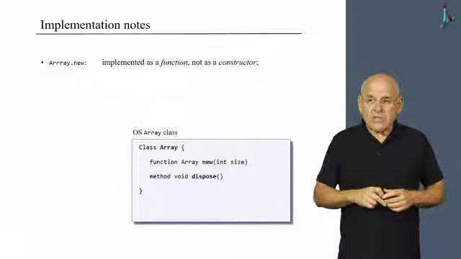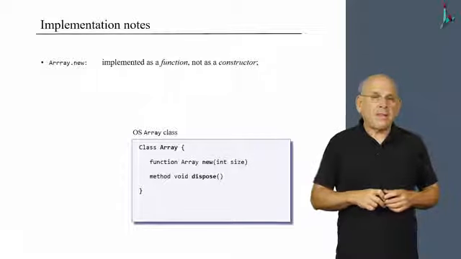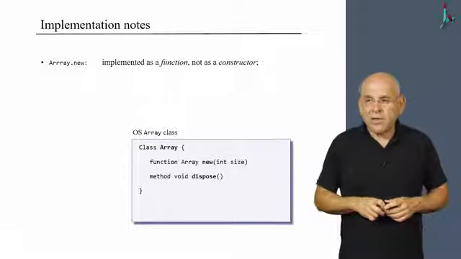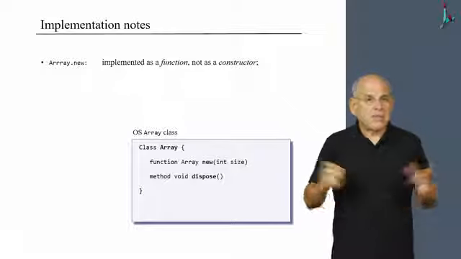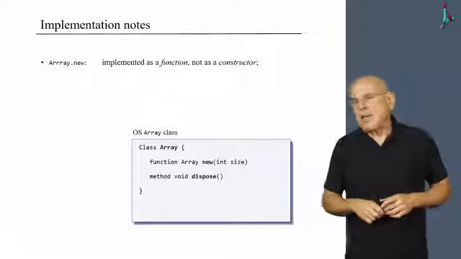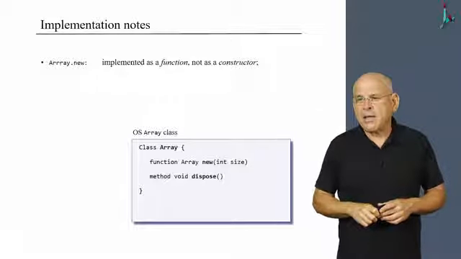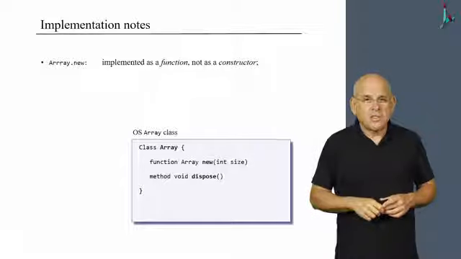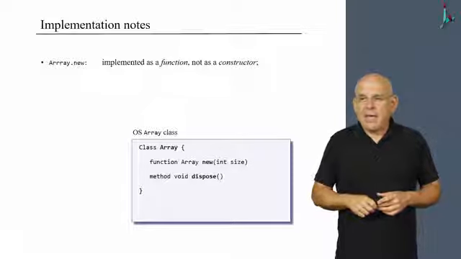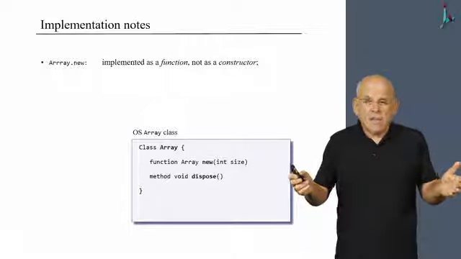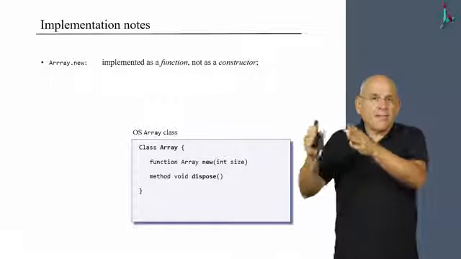So if this were a constructor, then the code that the compiler would generate for this constructor would be programmed by design to go to the symbol table of this class and count how many fields are being used to represent objects of type array. And in Jack everything is 16 bits, so it's easy, but in other languages it will also look at the length of each of these fields.